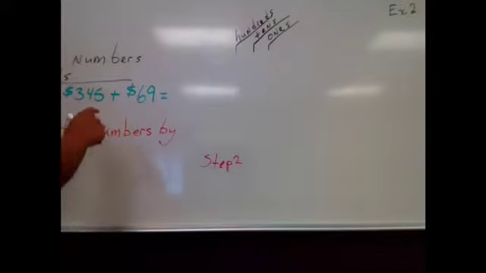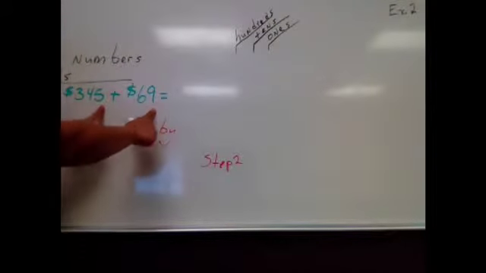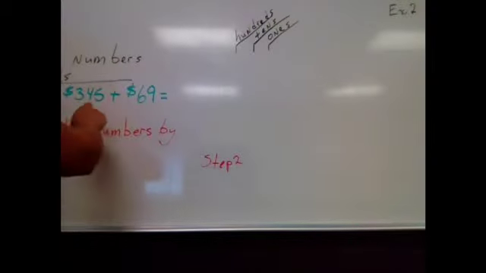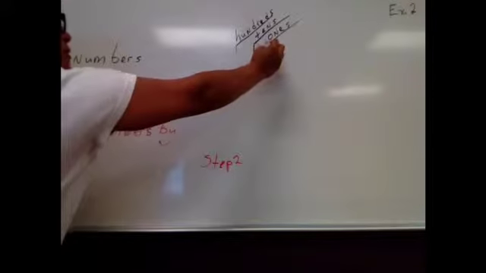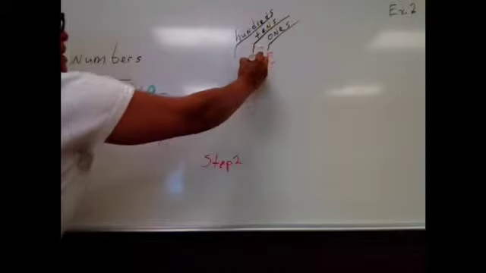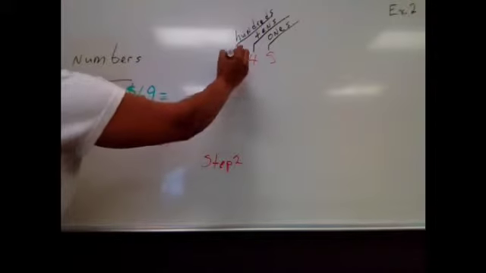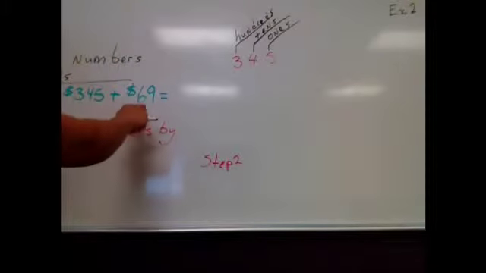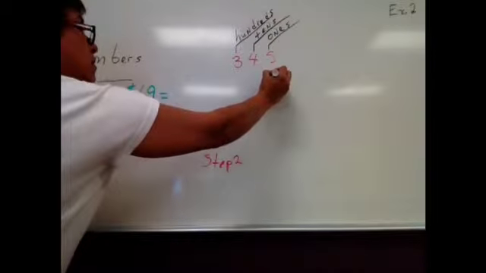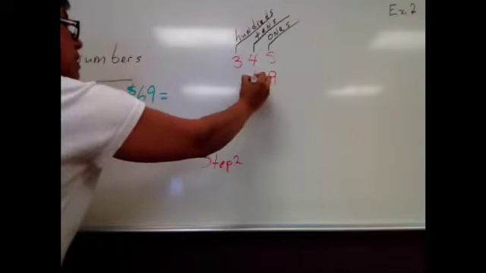These are our ones, so we're going to line these up here. All right, so we're going to put 345. Here's my 5, which is my ones, 4 is my tens, and this 3 is my hundreds. I'm going to line it here. This 9 is my ones, and my 6 is my tens.